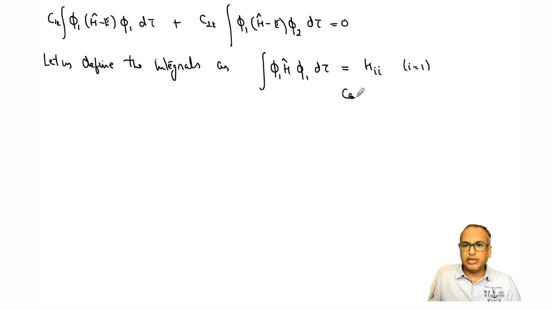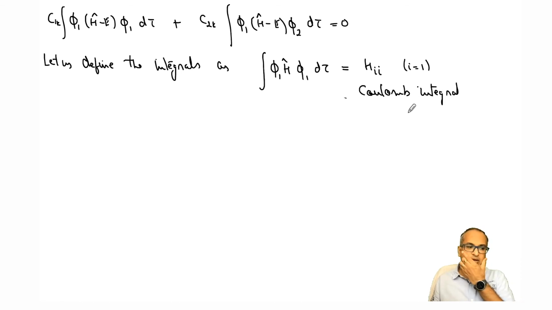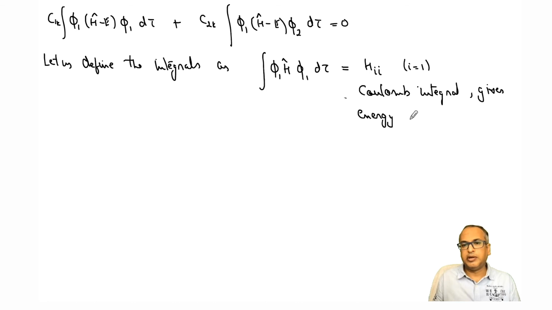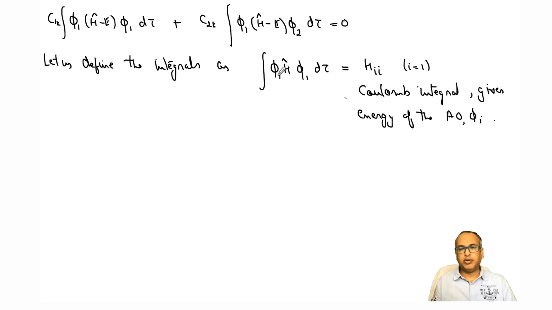This is called the Coulomb integral, and it gives you the energy of the atomic orbital phi I. If you want to estimate the energy of phi I, you develop this integral.